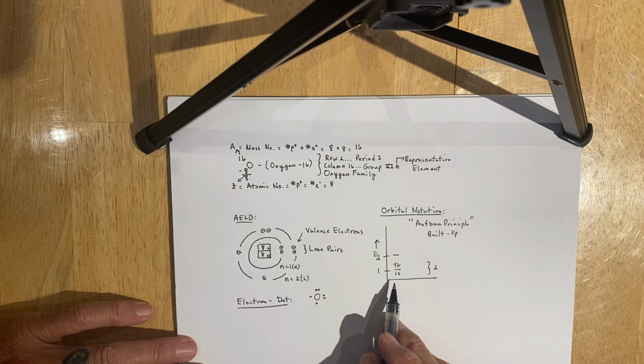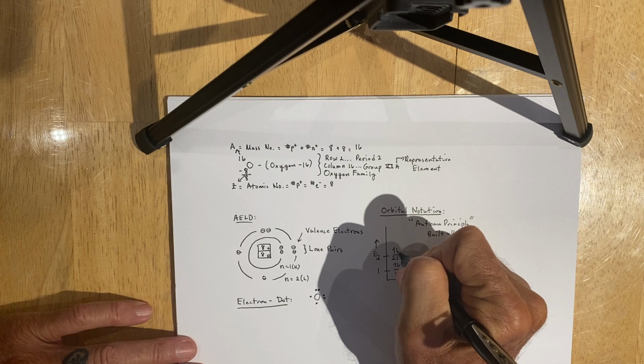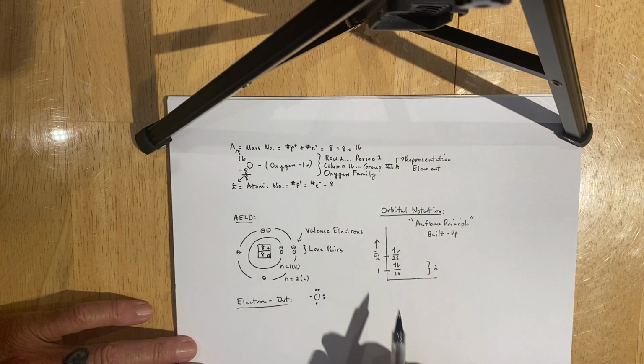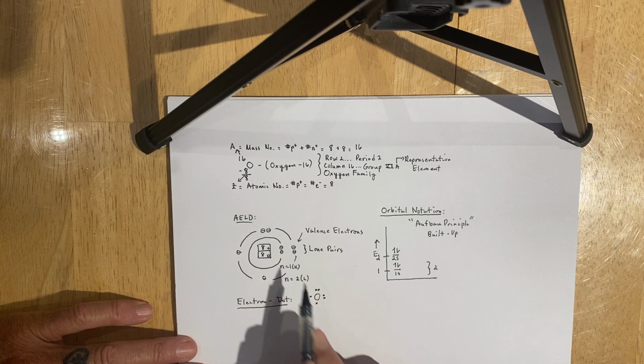So once the 1s is filled, we move to the 2s and place 2 electrons in the 2s. These 2 electrons are that lone pair of electrons.